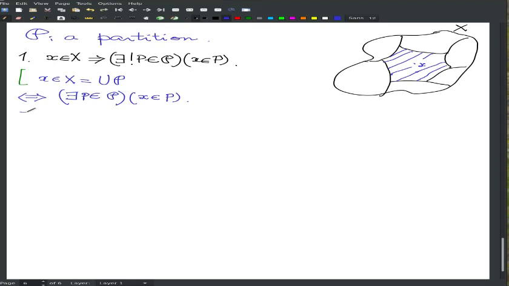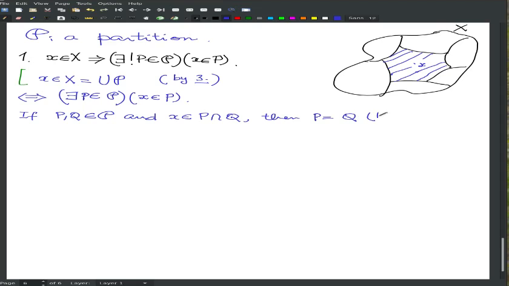But if P and Q are members of script P and x is common to them, so you see this is where condition 3 is required, then P is equal to Q by condition 2.